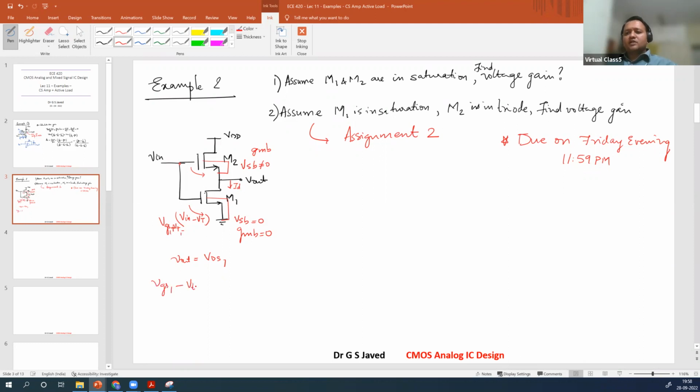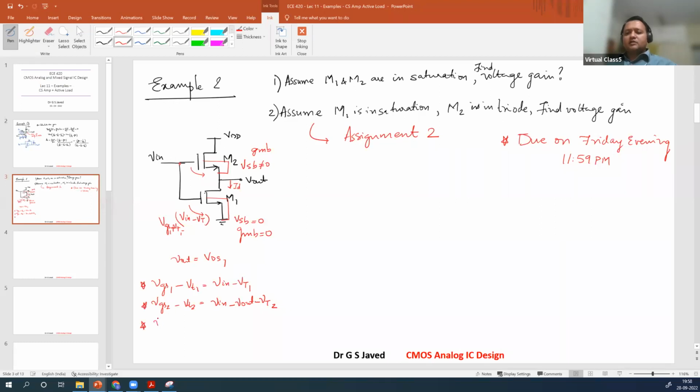VGS1 minus VT1 is equal to V in minus VT. VGS2 minus VT2 is equal to V in minus V out minus VT2, right? These are the two.